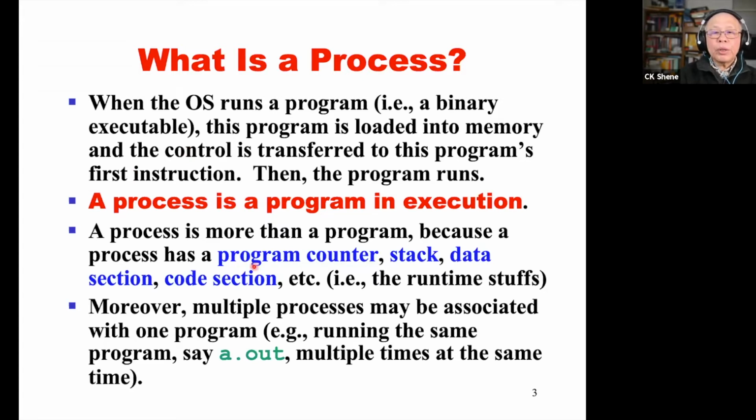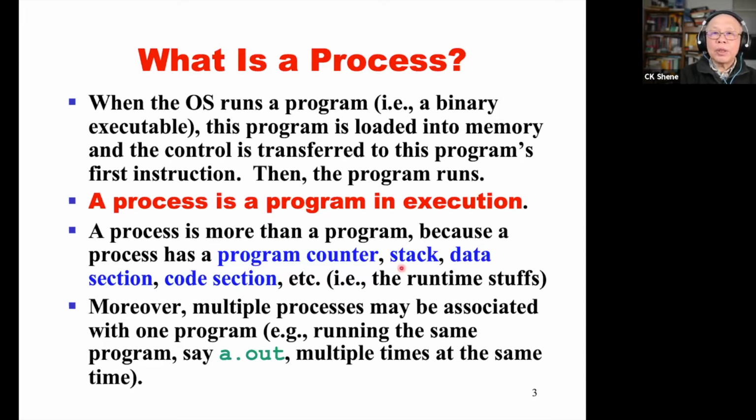a process has a program counter indicating where the next instruction to be executed is. Now, keep this in mind. I never said the next statement because we're dealing with machine instructions. So a process always has a program counter pointing to the next instruction to be executed and a stack.